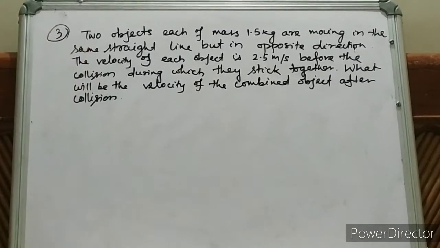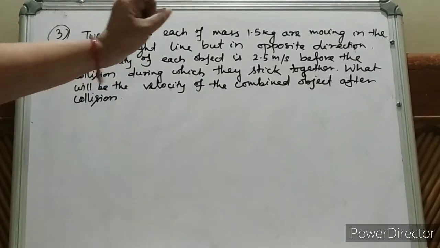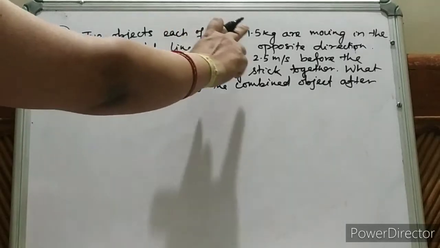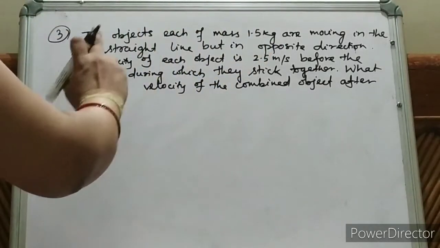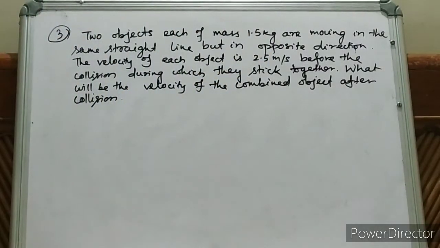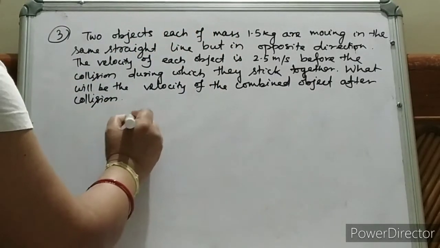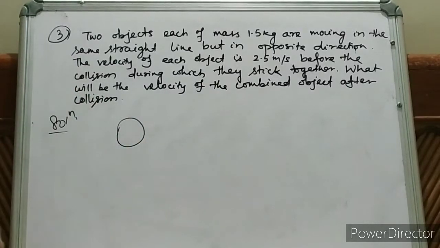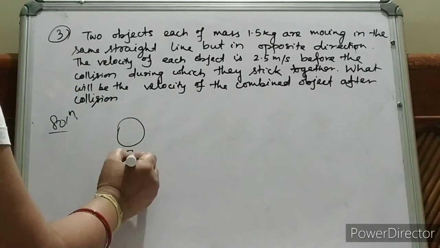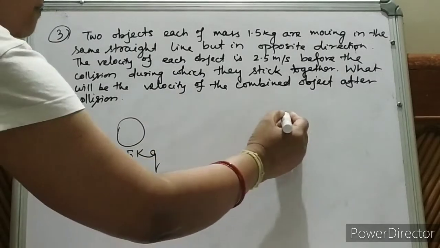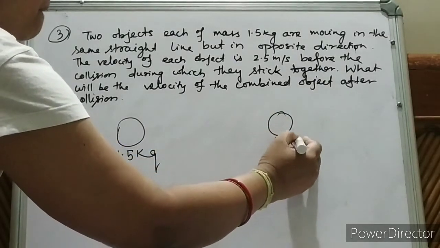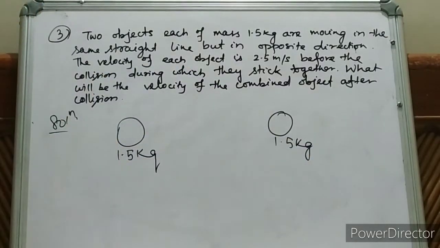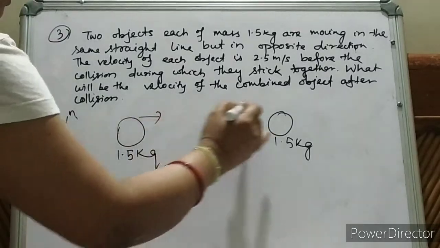Now next question is, two objects each of mass 1.5 kg are moving in the same straight line but in opposite direction. Two objects having same mass, moving.